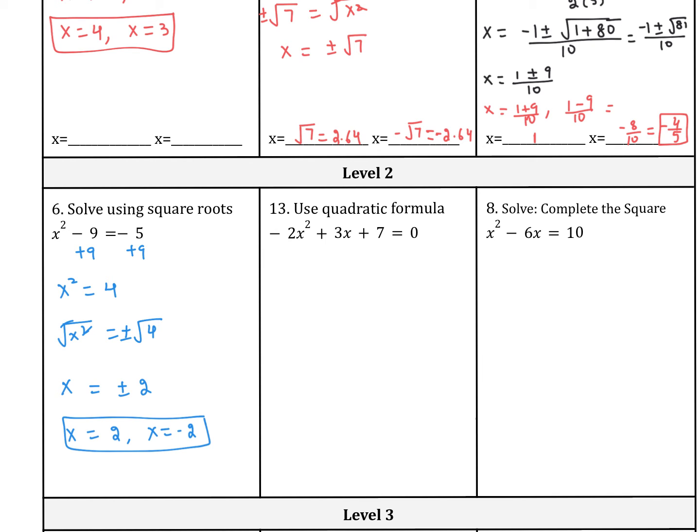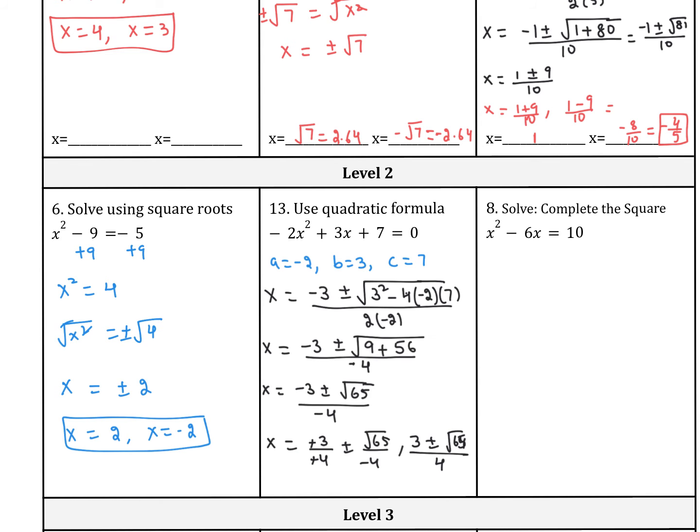For number 13, you have a as -2, b as 3, c as 7. x equals -b plus or minus the square root of 3 squared minus 4 times -2 times 7. That gives you 9 plus 56, which is 65.